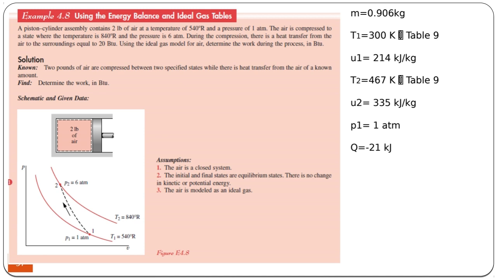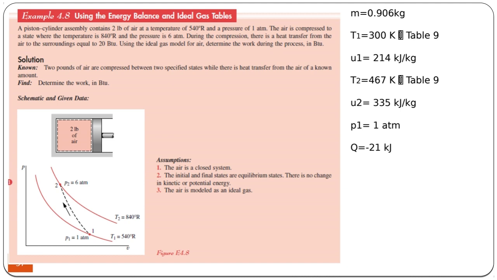At the final state, it becomes 6 atmospheres because it's compressed, and the initial temperature was 300 Kelvin, and also the initial internal energy, according to the problem, is given as 214 because it's found from the table, and the final temperature is 467, so that the final internal energy found from the table is 337.